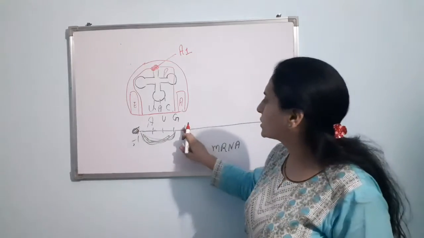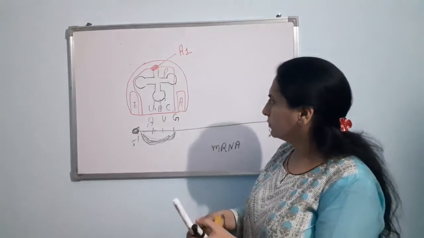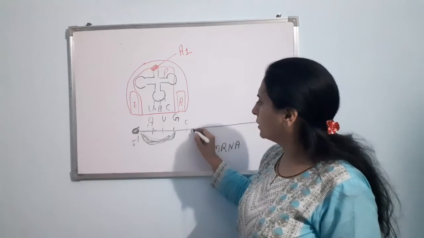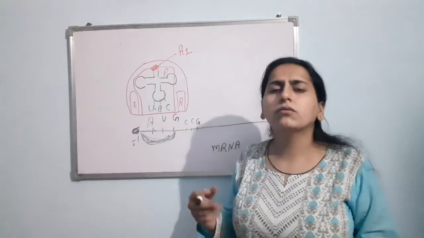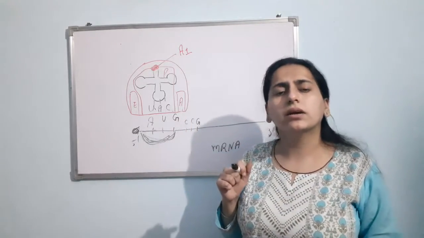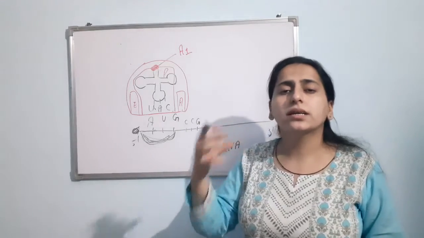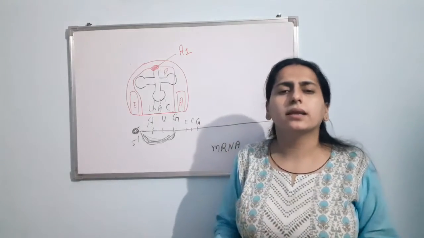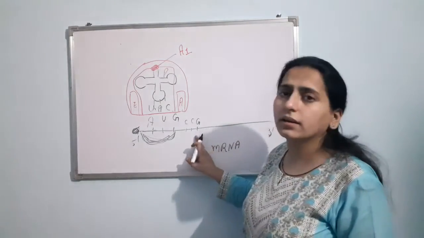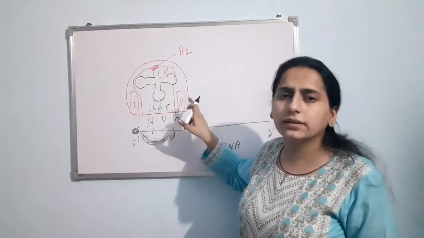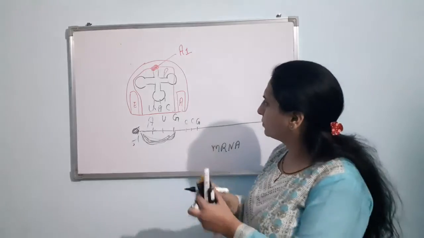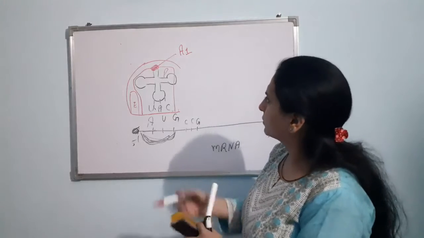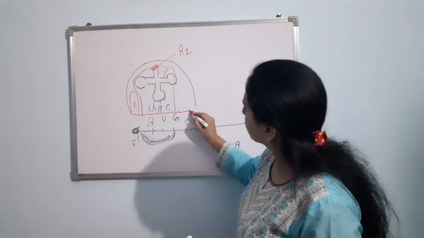Now what will happen? The next codon is there. Suppose the next codon is CCG. Again, a charged tRNA will come, and that charged tRNA will have the anticodon of this. As you know, tRNAs are specific. Now that tRNA will occupy this A site. Let me make it a little bigger, like this.